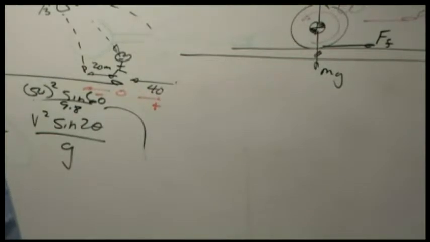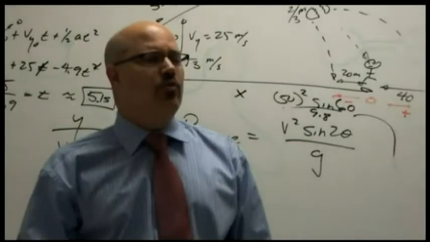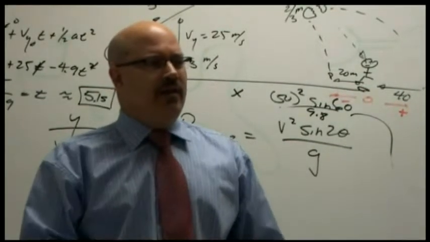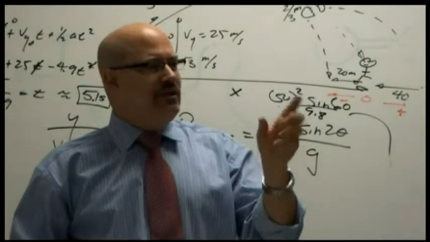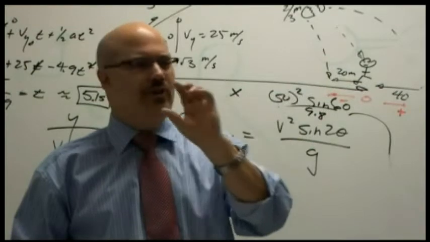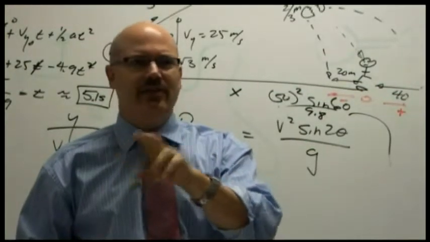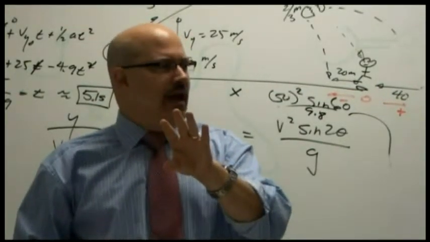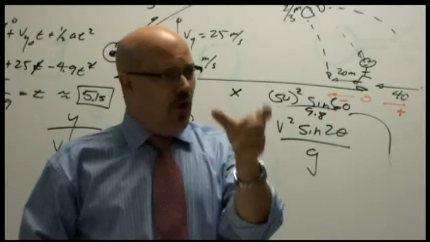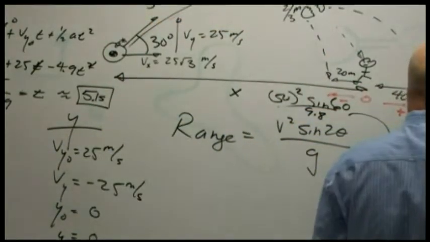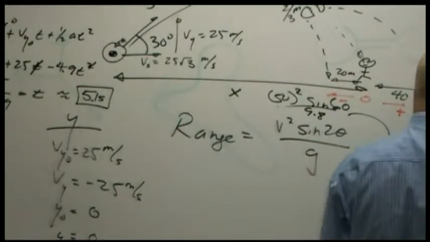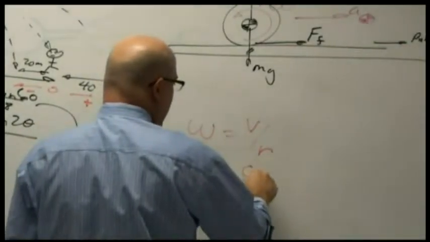I hope not. Just remember, when you're rolling with slipping, the angular acceleration and angular velocity are not connected to the linear acceleration and the linear velocity by r, right? And when they do roll without slipping, then you have omega equals v over r and alpha equals a over r.